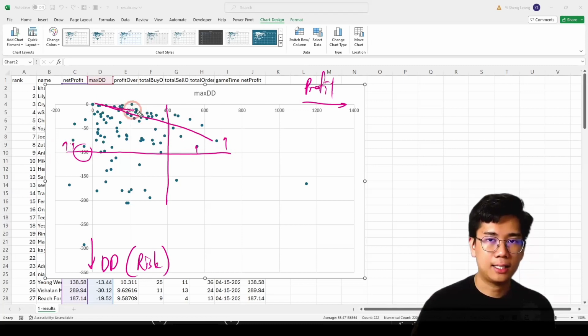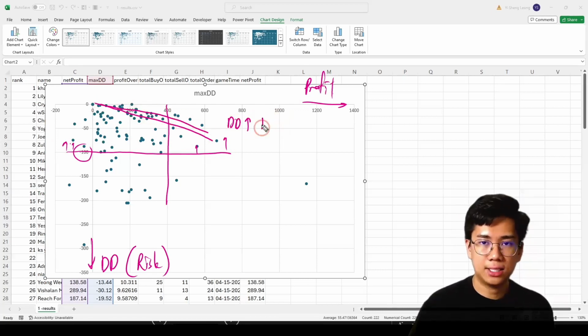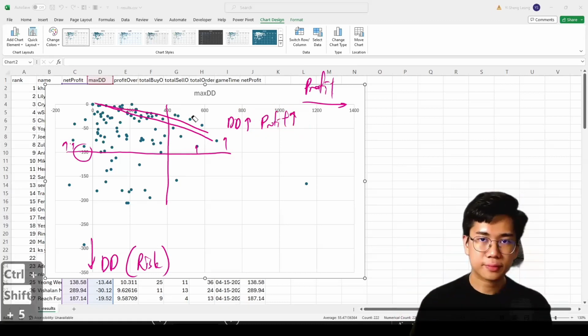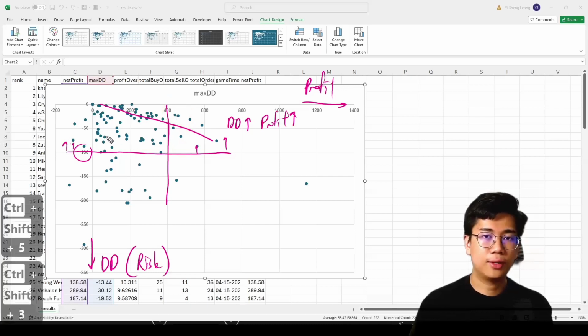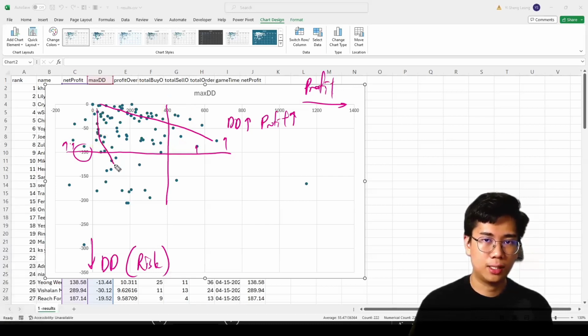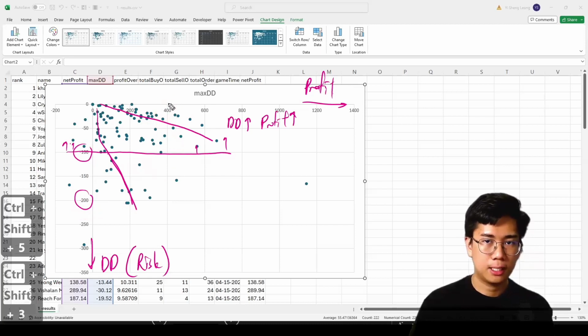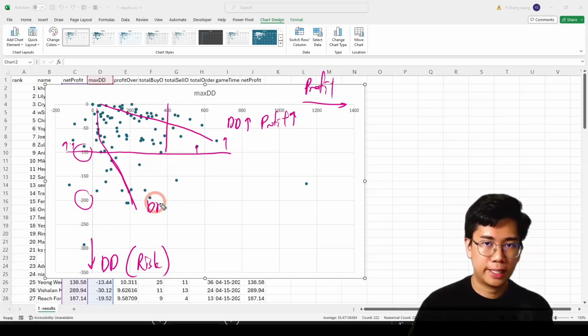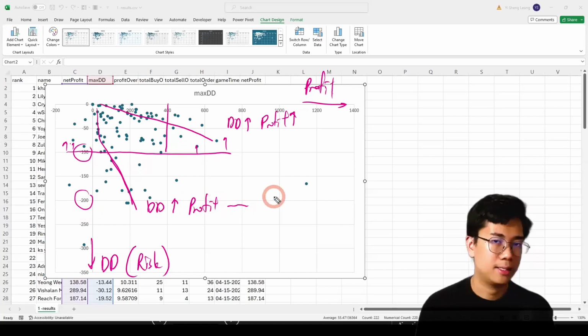The higher the risk, you can take a higher drawdown, and essentially you will get a higher profit. Makes sense? High risk, high reward. But this will not be aligned after you go through the next level. If your risk is about 100 to 200, it becomes a situation whereby when your drawdown is higher, your profit may not be higher anymore.